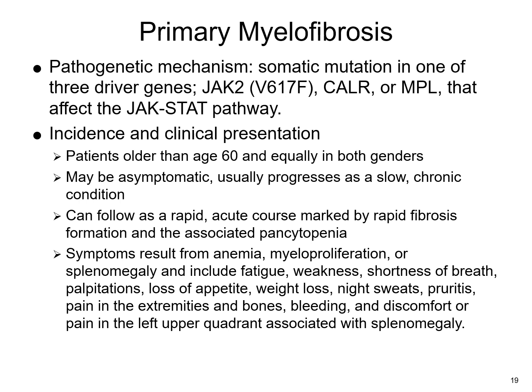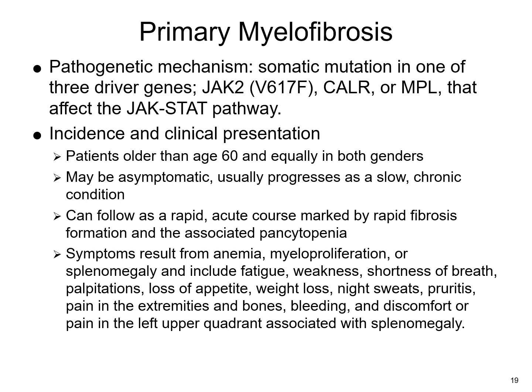The pathogenic mechanism for primary myelofibrosis is due to a somatic mutation in one of the 3 driver genes. So these are the JAK2, the CALR, and the MPL genes. And what this does is actually affect the JAK-STAT pathway. Primary myelofibrosis is seen in patients that are older than the age of 60, and it's seen equally in both male and female patients.